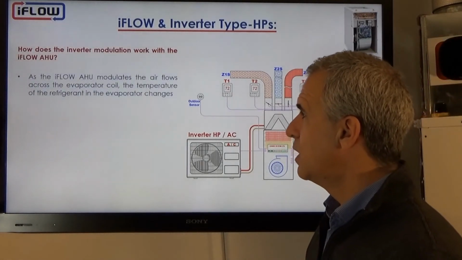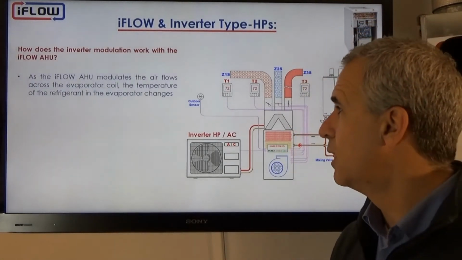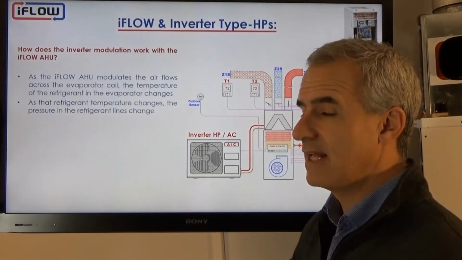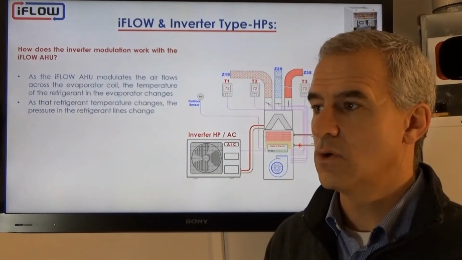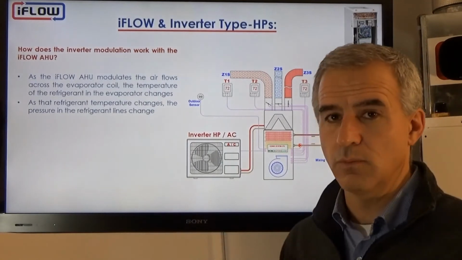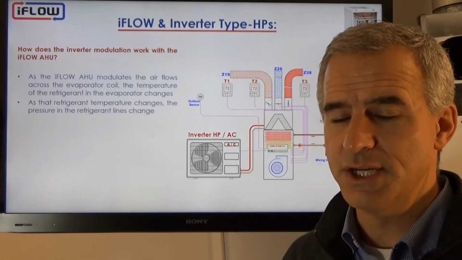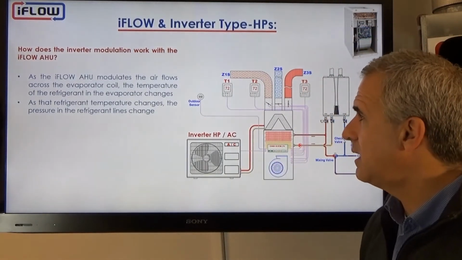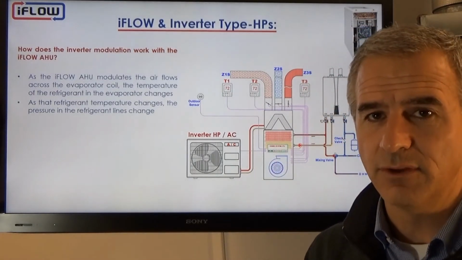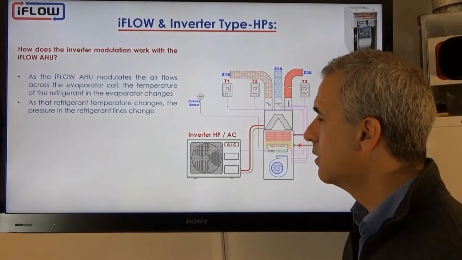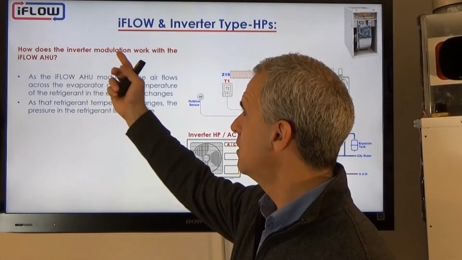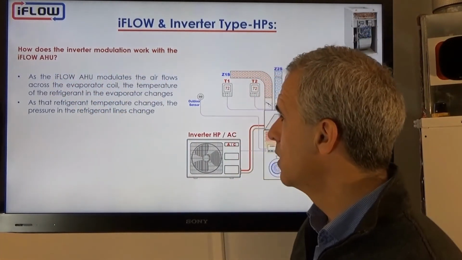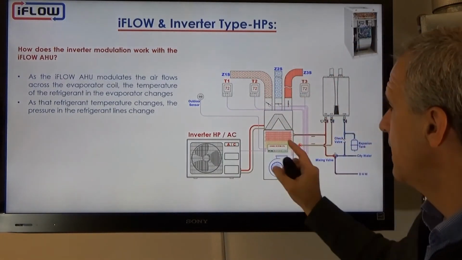So with regards to modulation, and that's our theme for this whole section: the advantage of modulation, the effects of modulation. And now, how does the iFLOW work with modulating units? So the inverter modulation works with the iFLOW in this way.